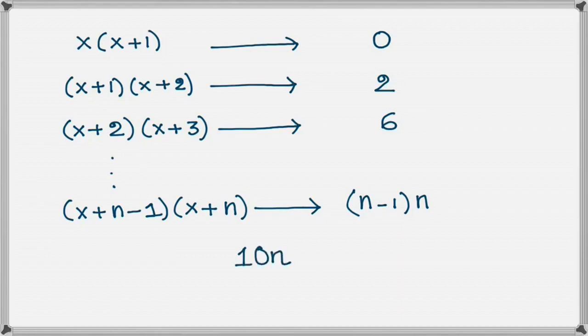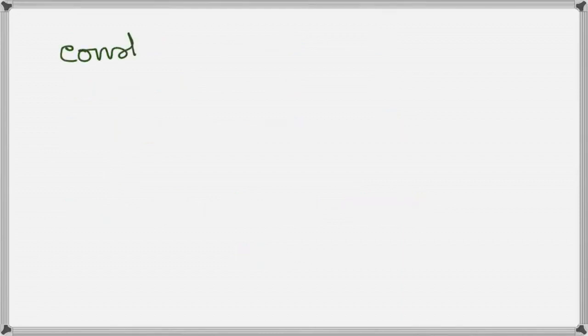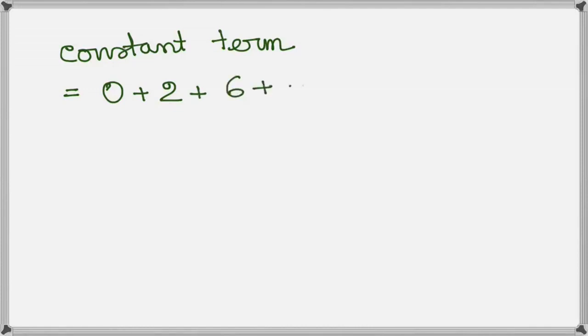So altogether we write it here, 0 plus 2 plus 6 plus up to n into n minus 1, and we had 10n in the right hand side, so this is minus 10n.